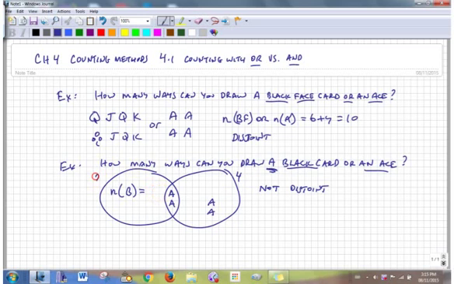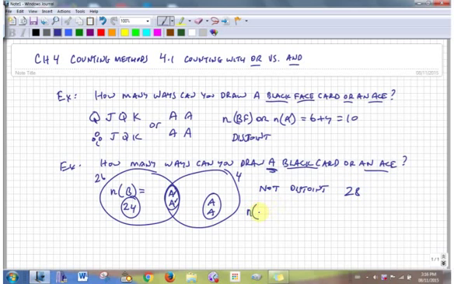Okay, black cards, there's 26. So in here, black cards that are not aces, there'd be 24. I have an ace of spades here, I have an ace of clubs here, and I have 2 aces in here that are not black aces. So if I count all this up, that's 24, there's 2, and there's 2, and that's 28, not 30.